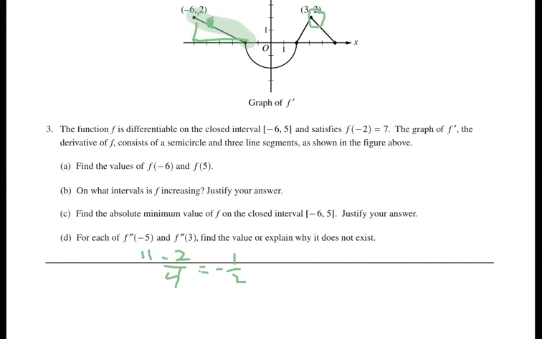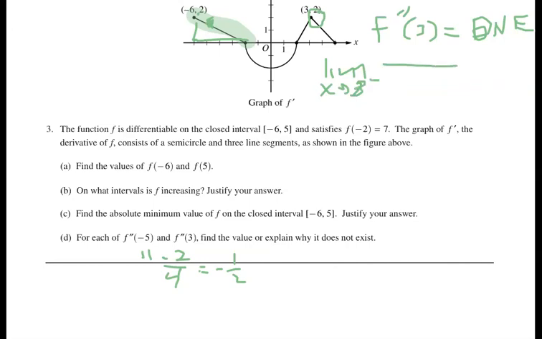Well, we have a problem there because that's a sharp turn, but we're not allowed to say a sharp turn anymore. So we can say f double prime of 3 does not exist. And the reason it does not exist is because the limit as x approaches 3 from the left, and we want to show the limit of the slope there.